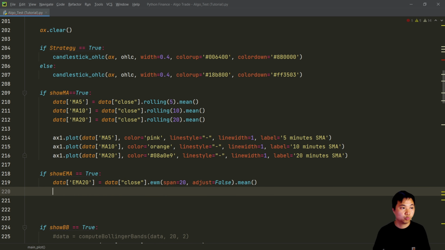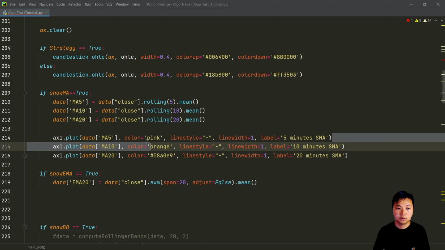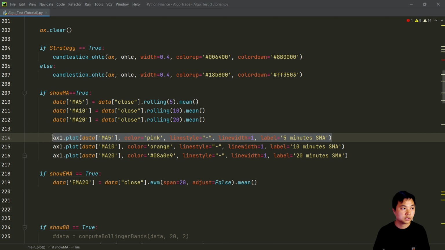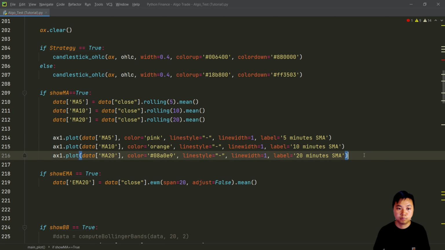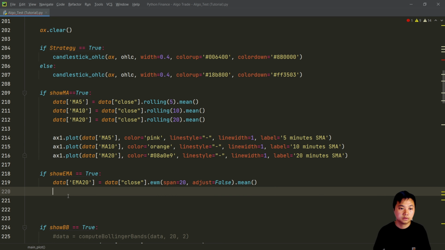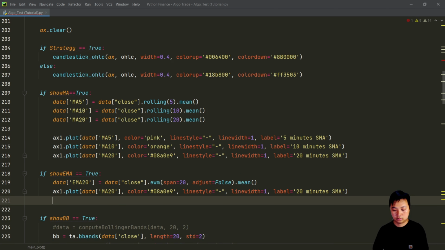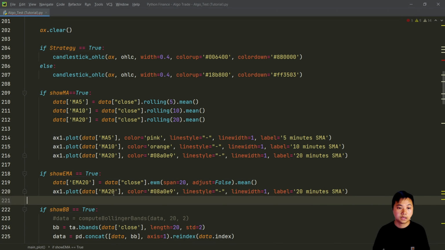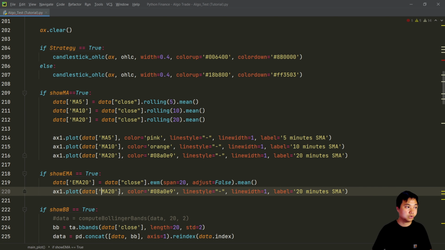And again, we can simply show the result. For example, maybe use this color, that is a blue color. In that case, just change it to the EMA 20. And this is your 20 periods EMA.